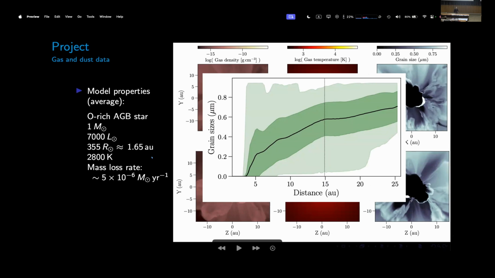That would be your 1D model normally, right? The dark green patch is the standard deviation of each spherical shell, and the light green is the minimum and maximum grain size. You see the 3D effect here, as you have a great variety of grain sizes, and the rapid growth of grain sizes close to the star.